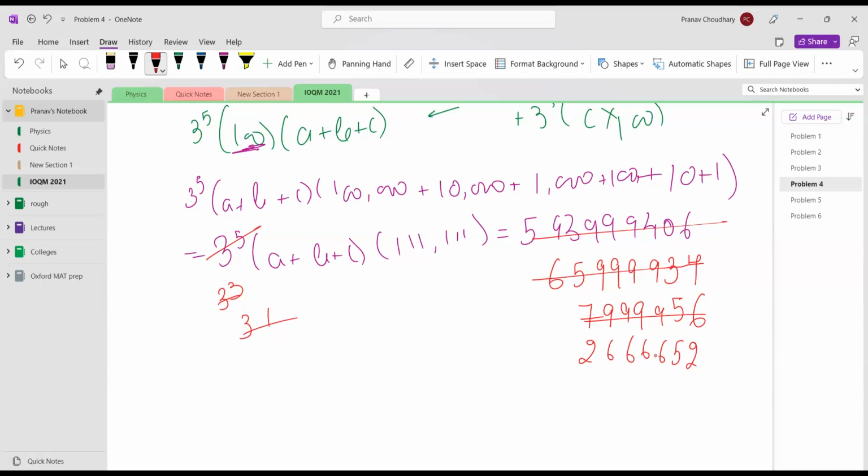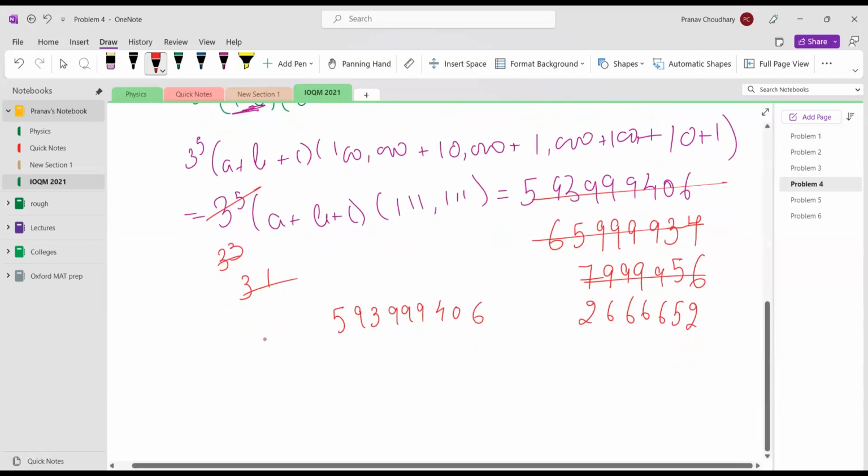Yeah, I think I made an error while doing the division. Yeah, this should not be common. Okay, let's do it again. 5939994. It does not really matter for the explanation, but anyways, let's cancel by 3.